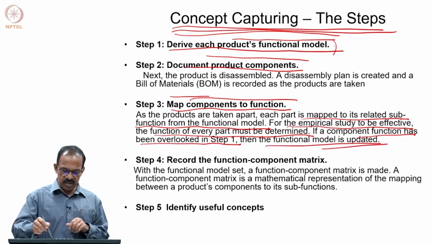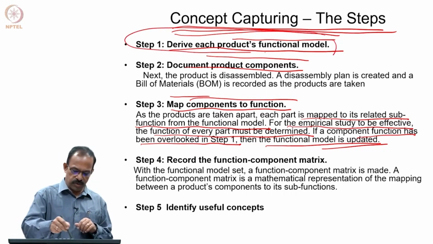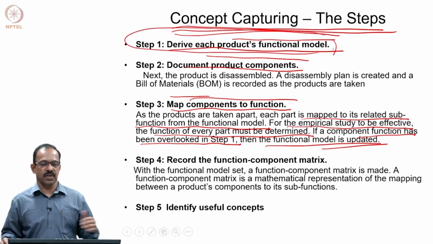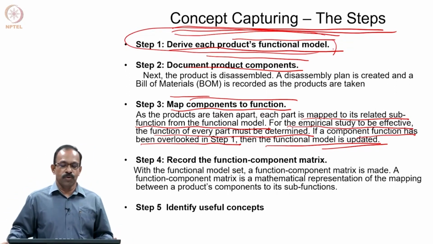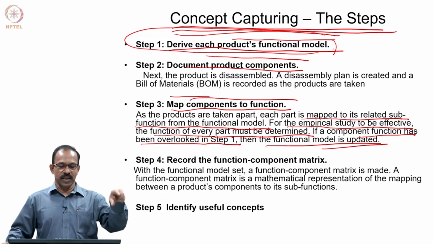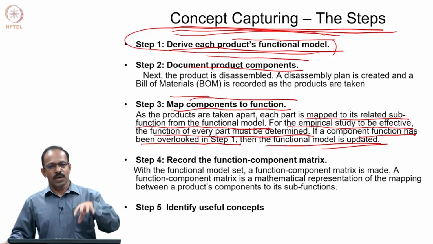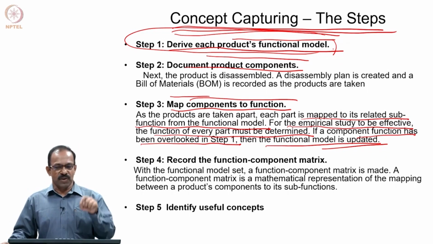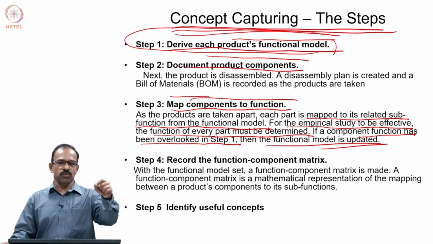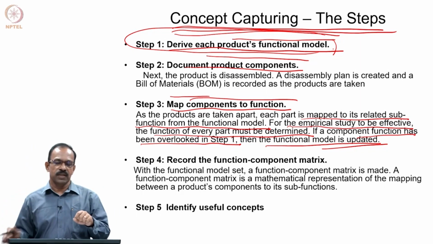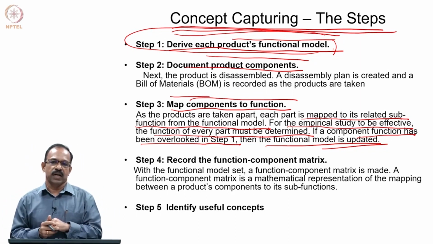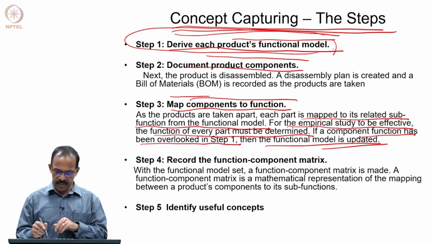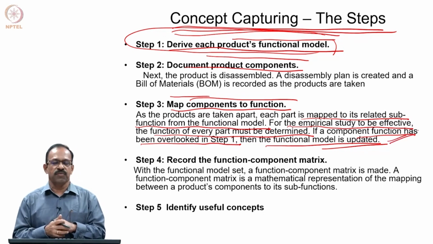Now, this functional model was developed based on your own understanding of the function structure or the functional decomposition. Now, you will go through this functional decomposition and look at the product components and identify the functions of these components, and then look at your functional decomposition to see whether this function is identified in the decomposition or not. That is basically the updating of the functional decomposition.